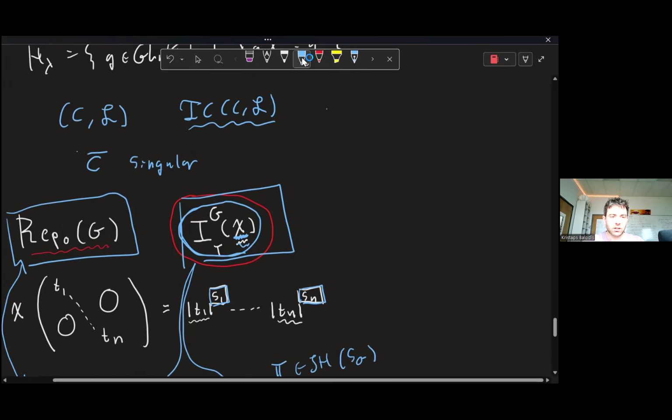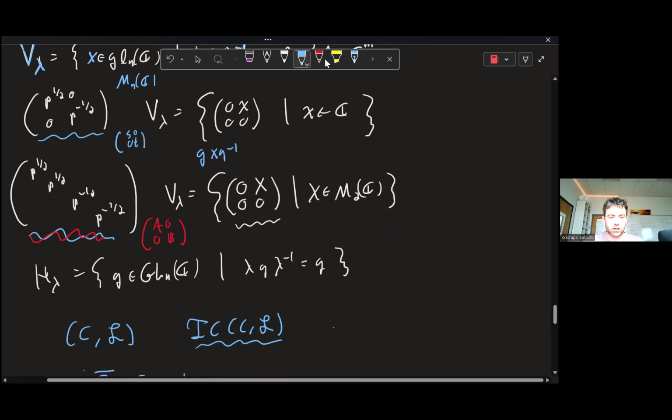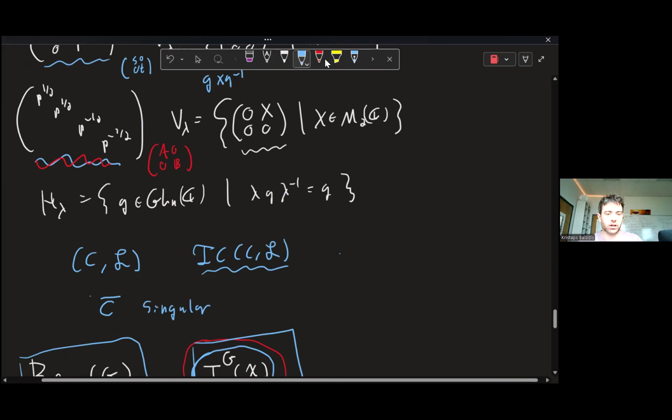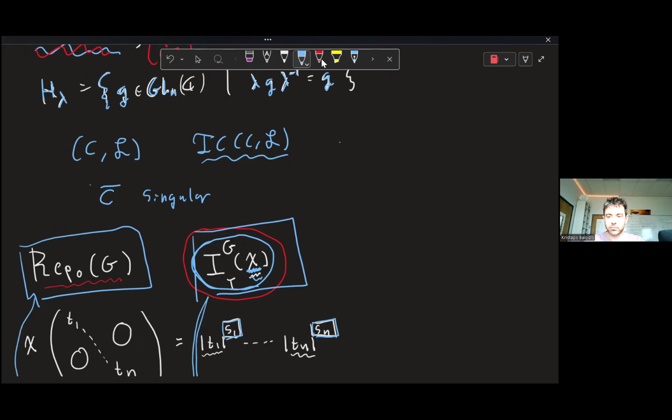And we also have, I suppose I didn't introduce this last time, but there's, oh, I did actually. So there's also a group that acts on V lambda called H lambda. And that is instead, you look at the elements of GLN over the complex numbers, which are fixed under conjugation by lambda.